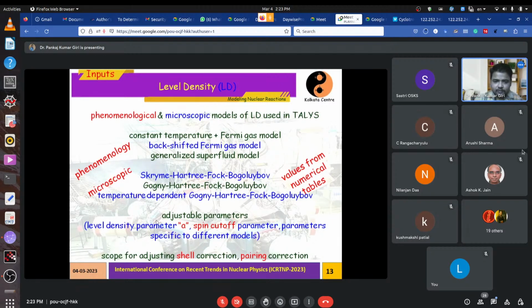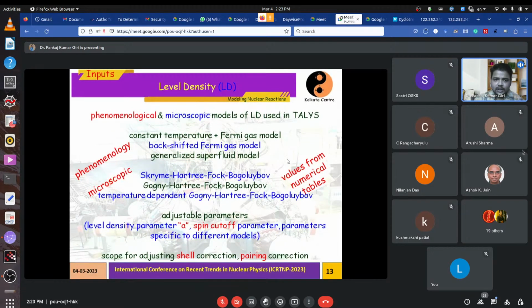Also the adjustable parameters, like the level density parameter constant, the level density parameter A, and the spin cutoff model, are included in this platform. The user can select their particular level density model for a specific nuclear reaction.